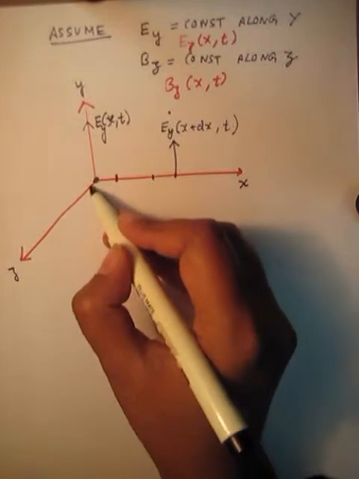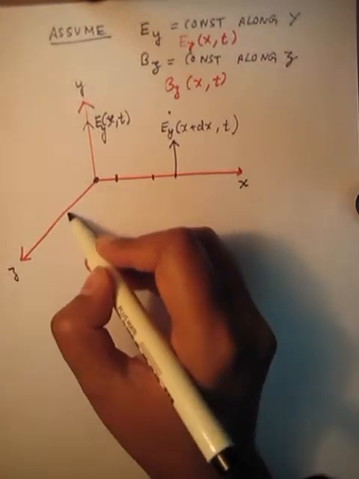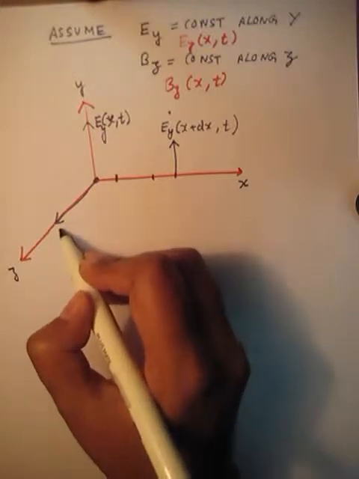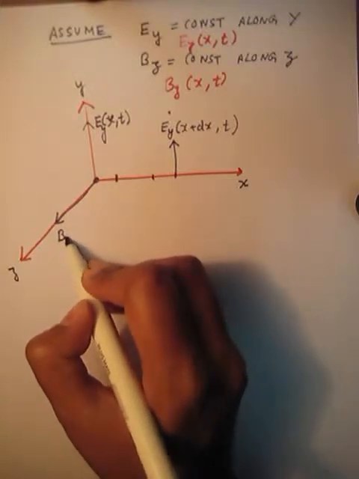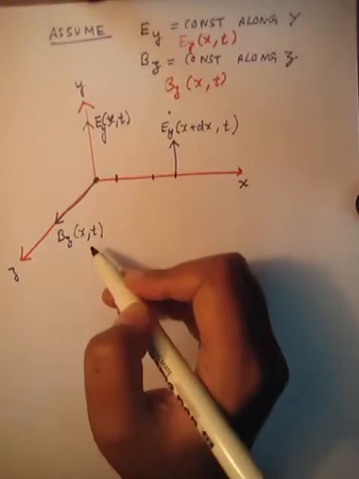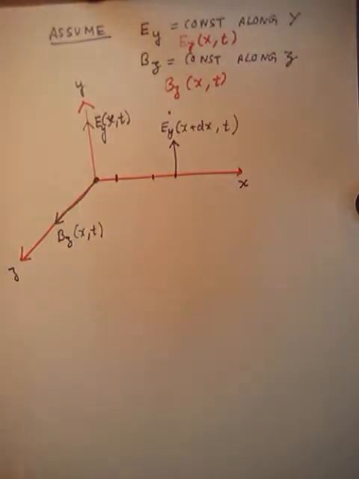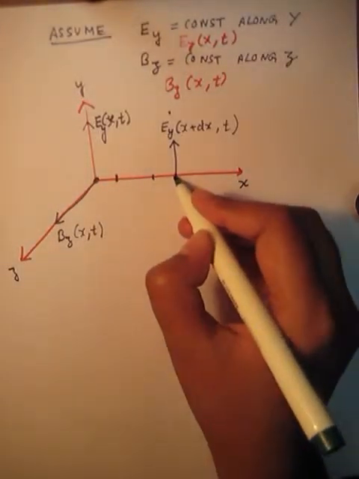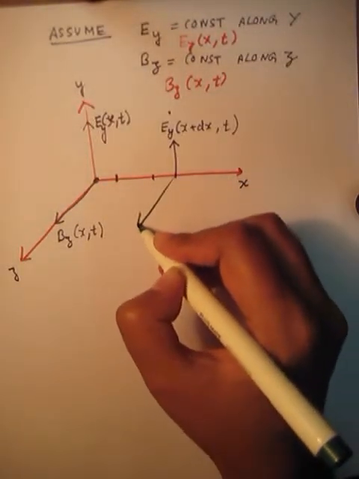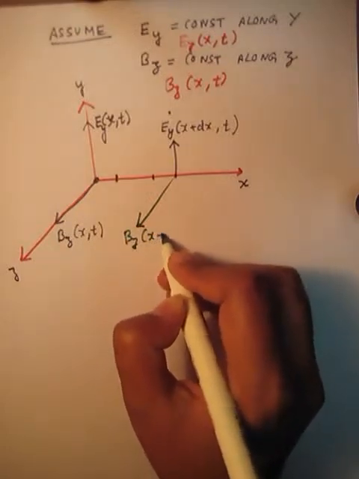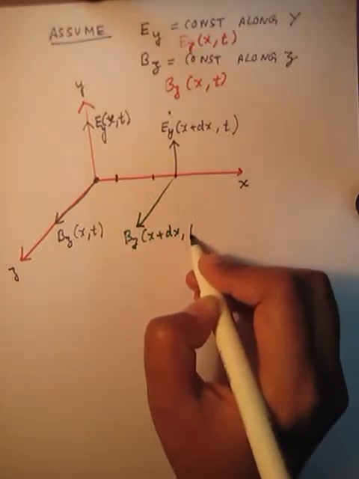Similarly, we are saying that the magnetic field will be constant along the z-axis. Let's say it will be Bz and it is a function of x and t. So at this point this will be the magnetic field, and it will be x plus dx comma t.